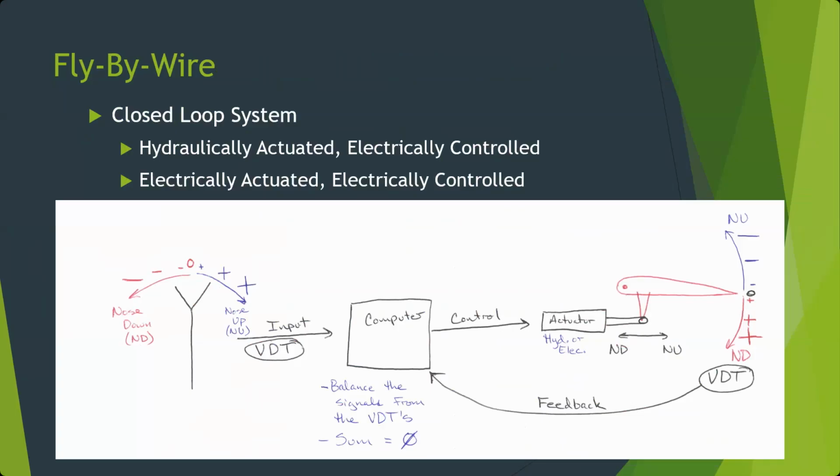The other part is that our computer can also interpret what's going on with the input signals and make some decisions, or there can be logic in there where it's not always one-for-one. Airbus was big on that. They did what they called their control laws. If you're in takeoff and you pull back on the stick, all you have to do is pull all the way back. It's going to take the plane to best climb. It's not going to stall.